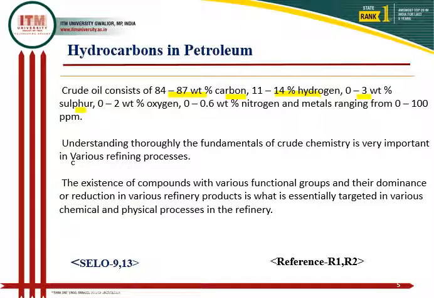This is the range; it can vary in this range. 0 to 2% by weight oxygen, 0 to 0.6% nitrogen, and the metals can range from 0 to 100 ppm. Understood? So this is the main elemental composition.